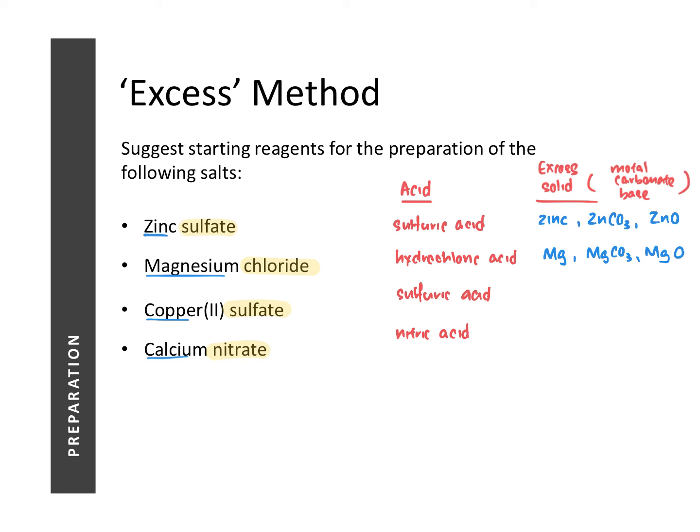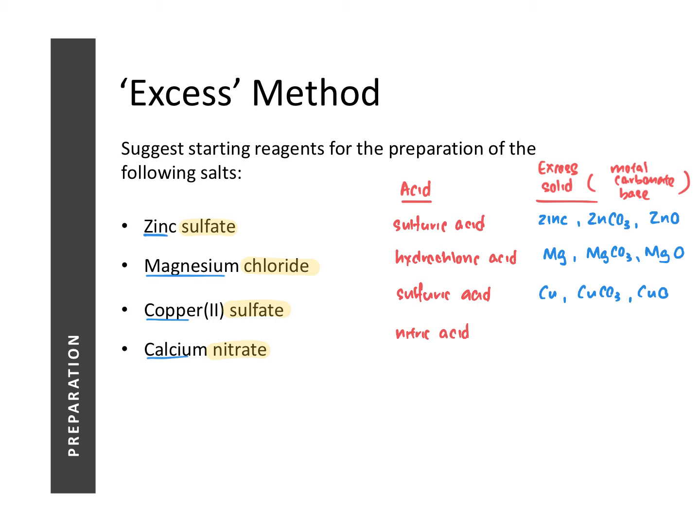So when we look at copper 2 sulfate, we need to use sulfuric acid. There are three things that we can potentially react with: copper metal, copper carbonate, or copper 2 oxide. Now if you can recall, in the acids and bases chapter, we learned that not all metals can react with acids.